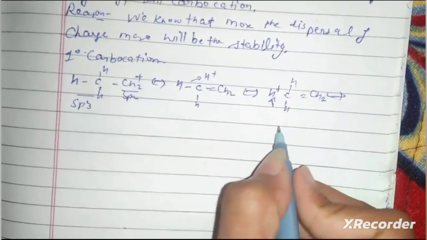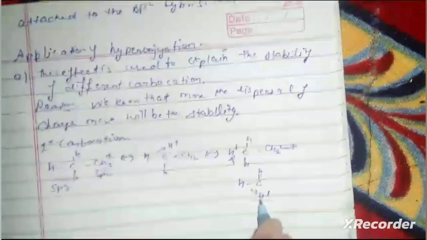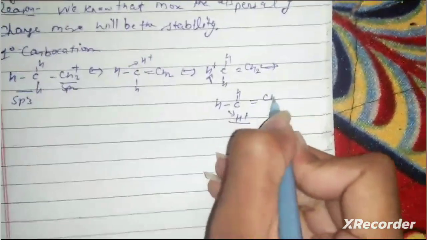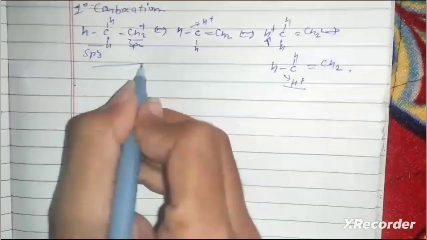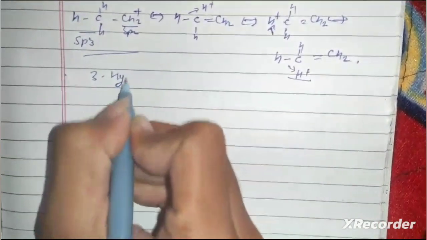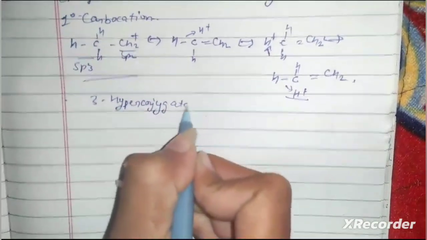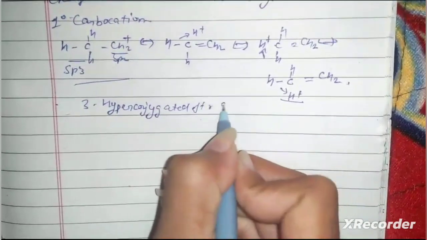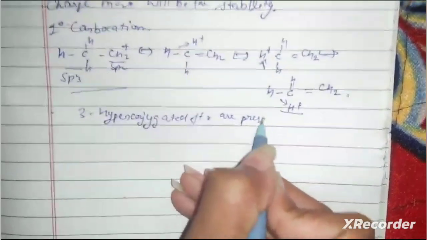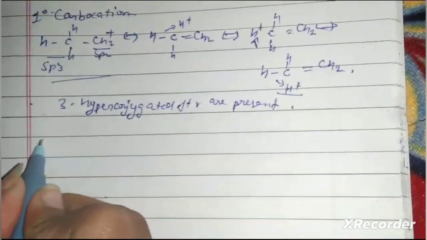And the third structure is the one in which this is the hydrogen atom which is no bond with the carbon atom. In a primary carbocation, 3 hyperconjugated structures are present.